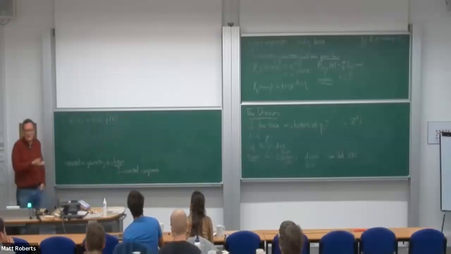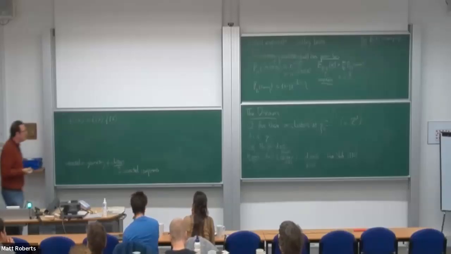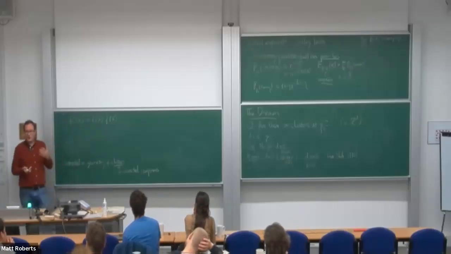Powers have this scale invariance property, and in fact, they're the only functions that have this scale invariance property. So ultimately, the fact that we get power laws is just a reflection of the fact that we have some kind of scale invariance asymptotically in this system at criticality.